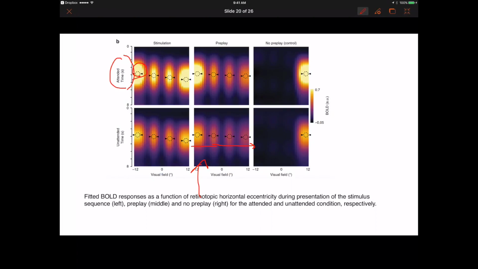Now, if you only play the last dot at the wrong position, in other words, here, there is no preplay, because the system has not learned that a dot on the right-hand side is followed by additional dots going from right to left.